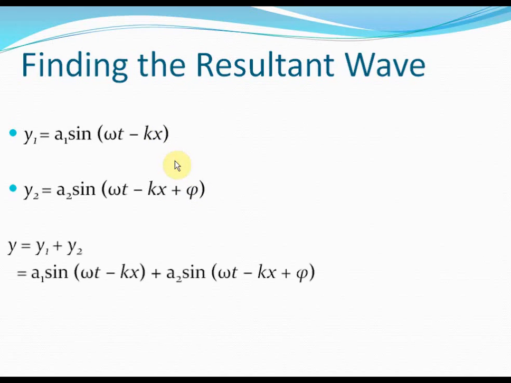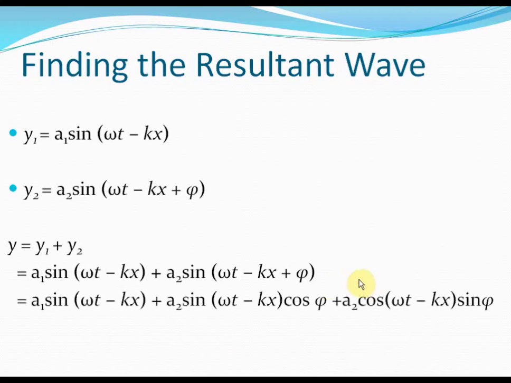Then y, the net displacement in the medium when both these waves are traveling together, will be y1 plus y2. That is, a1 sin(omega t minus kx) plus a2 sin(omega t minus kx plus phi). Now we can write sin(omega t minus kx plus phi) in the form sin(a plus b) equal to sin a cos b plus cos a sin b.